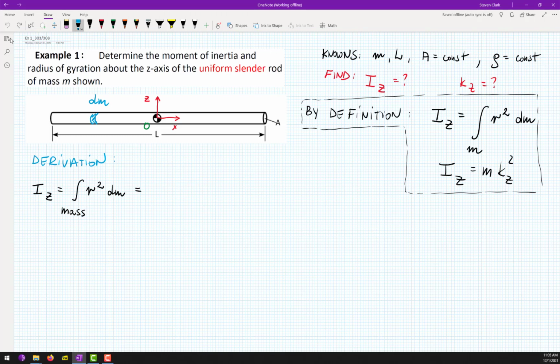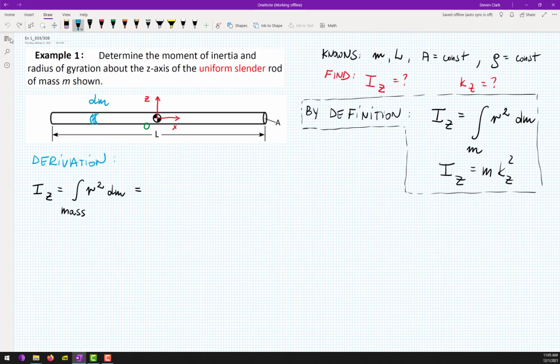And they ask us to find moment of inertia about this axis Z, and also radius of gyration about that Z, about the same axis. Okay, and we're just going to use the definition for IZ and KZ. Any questions about the problem statement?